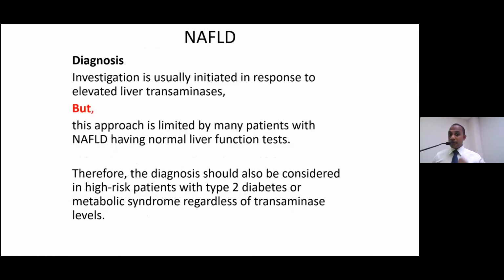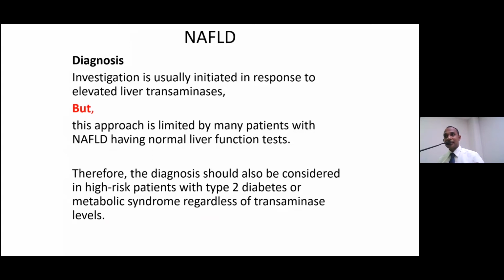One important thing is that when it comes to non-alcoholic fatty liver disease investigation, we usually do that when we see somebody who is having deranged transaminases. But I want you to remember this point. This approach is limited by the fact that many patients in the NAFLD spectrum are actually having normal liver function tests.